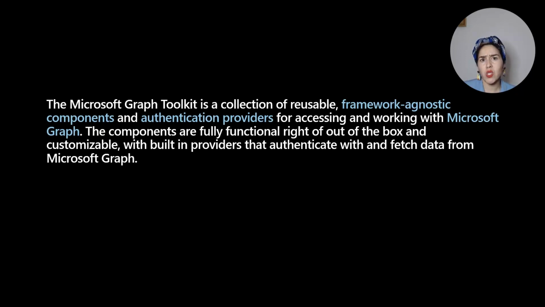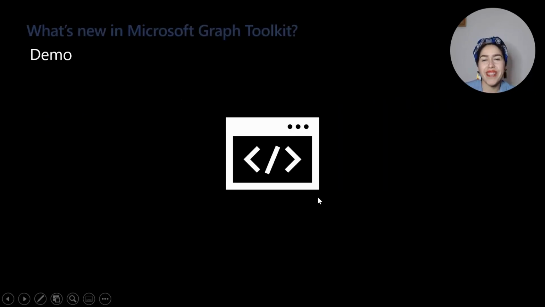Think of it as drag and drop controls built by us, ready to use out of the box by you to save you time and effort. And today I'm really happy to share with you the latest enhancements and additions the team on Microsoft Graph Toolkit has been working on.